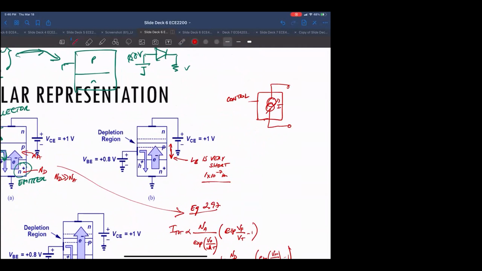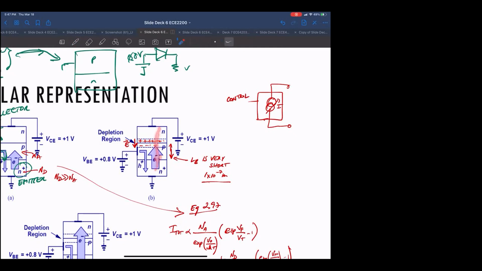Again, remember this is reverse bias, so there's positive ions here, negative ions here, so there's an electric field pointing in this direction, and because the electrons are negatively charged, it's going to pull the electrons over here. So if this base is very short, these electrons coming into this side of the junction just get swept into the collector.